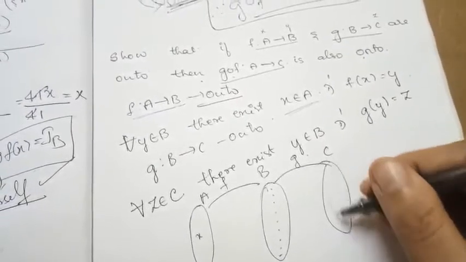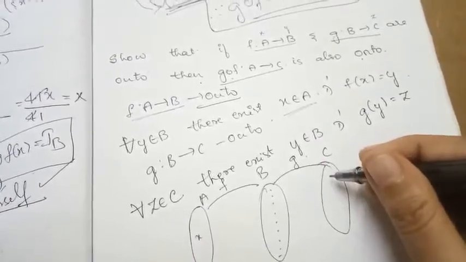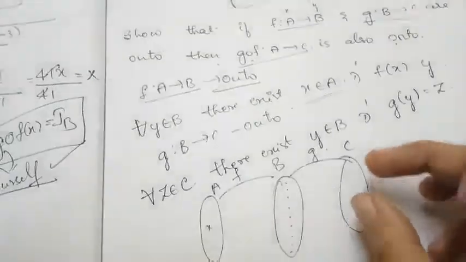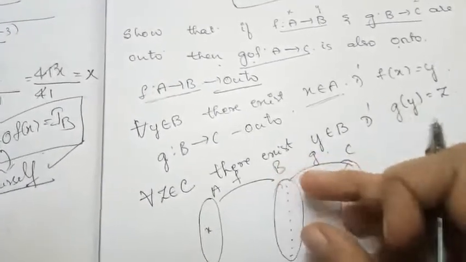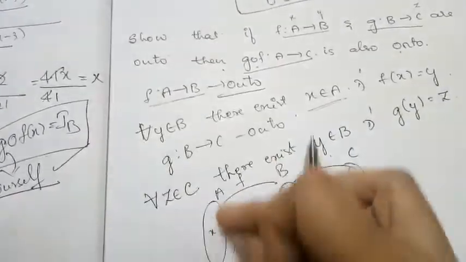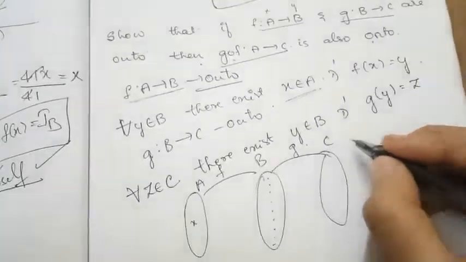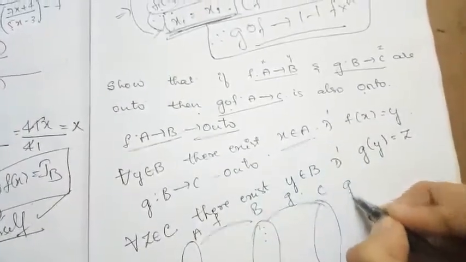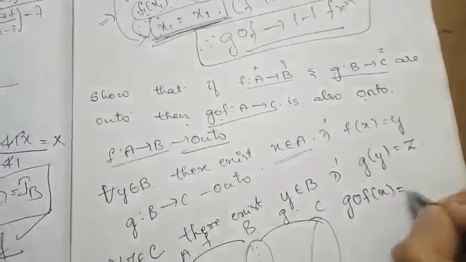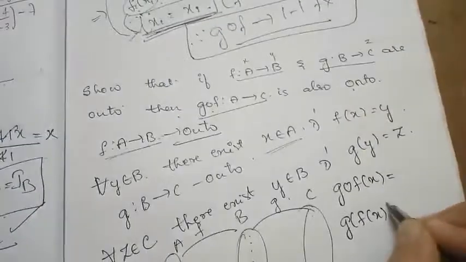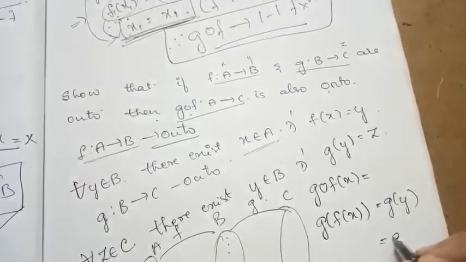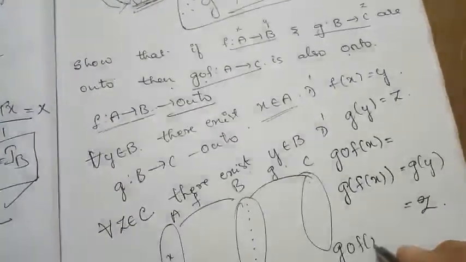All elements belonging to the set C are occupied by one or the other elements present in the set B. So here also all elements are occupied, meaning all these elements are the image of one or the other elements present in the set B, and all these are the image of one or the other elements in the set A. Now combining these two statements, for GOF, we can write g of f of x, where f of x is nothing but y, that is g of y, which is nothing but z. So g of f of x is equal to z.